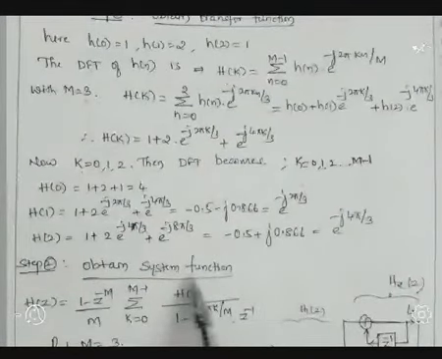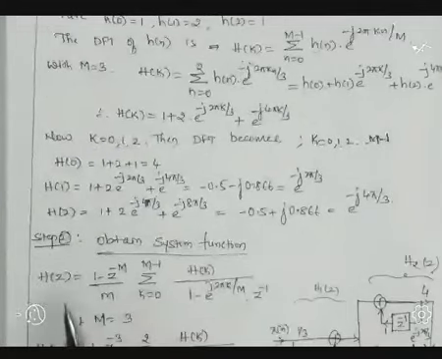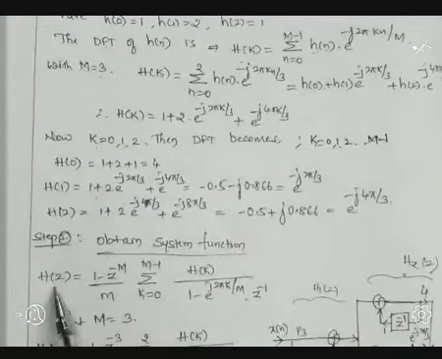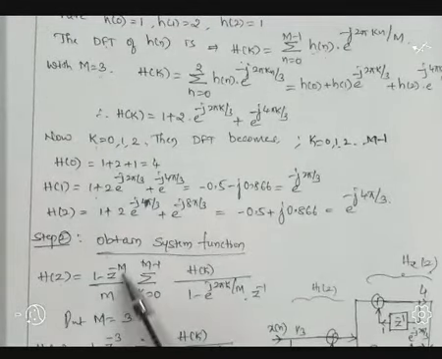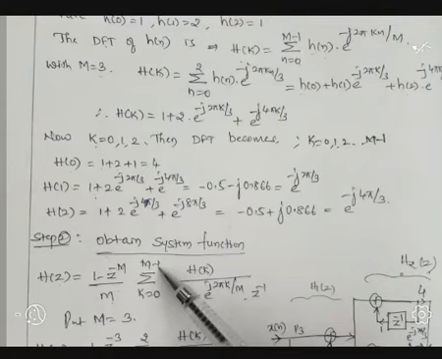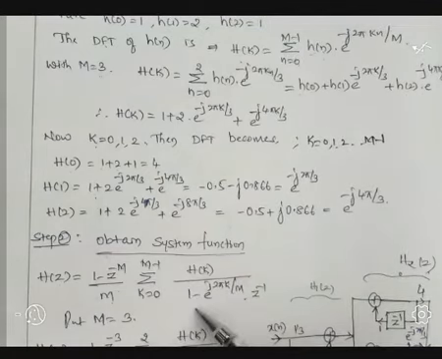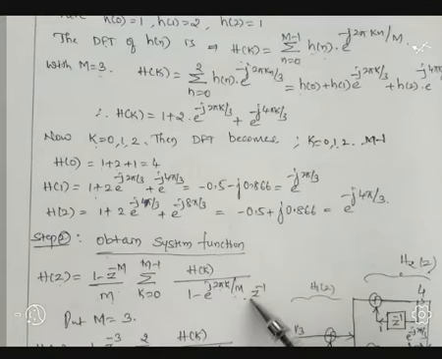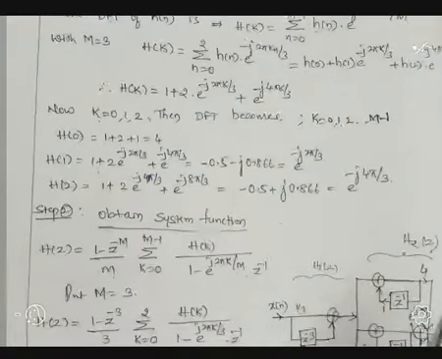Step number 2, let us find the system function. Already we discussed in the theoretical concept, that H of z equals 1 minus z to the power minus M divided by M, summation k equal to 0 to M minus 1 of H of k divided by 1 minus e to the power j 2 pi k by M multiplied by z to the power minus 1. We know the value of M, that is 3.